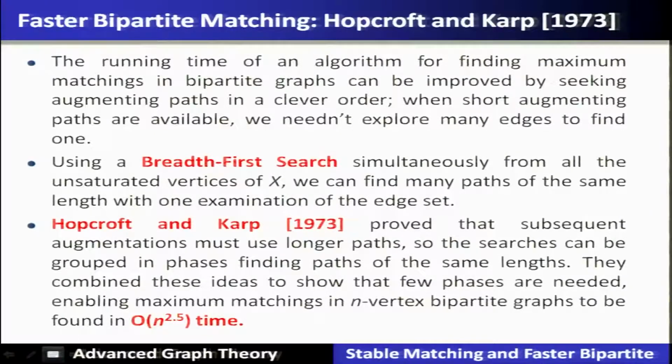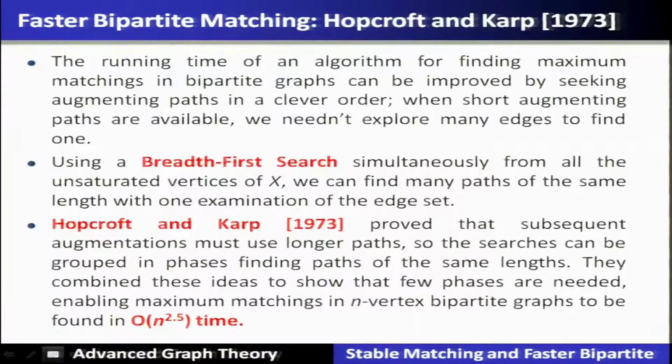Hopcroft and Karp in 1973 proved that subsequent augmentations must use longer paths using the property of the breadth first search. So, the searches can be grouped in phases for finding paths of the same length.